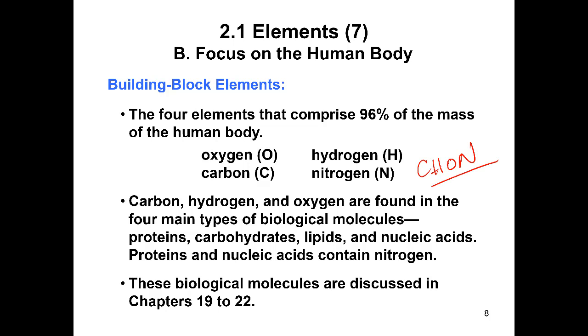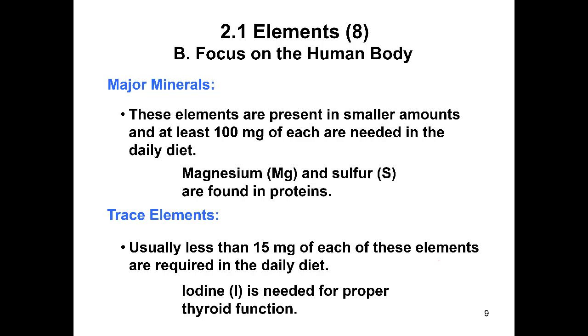Carbon, hydrogen, and oxygen are found in our biological molecules: proteins, carbohydrates, lipids, and nucleic acids that make up DNA and RNA. The proteins and nucleic acids also contain nitrogen, so that's why we need all of those different elements so that we can make new biological molecules in the body.